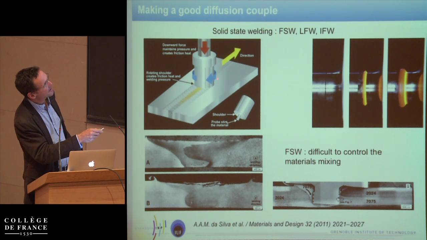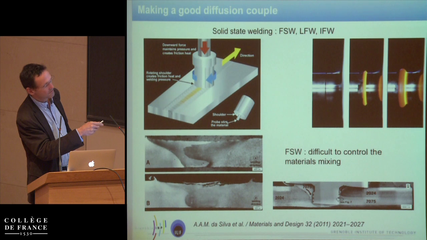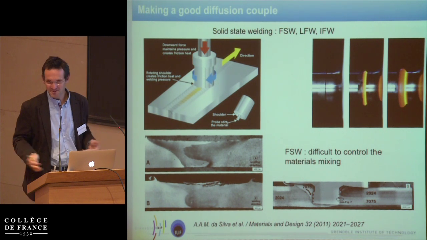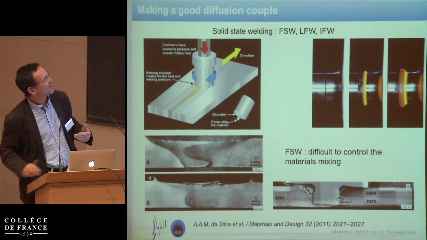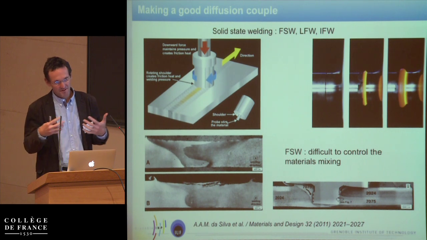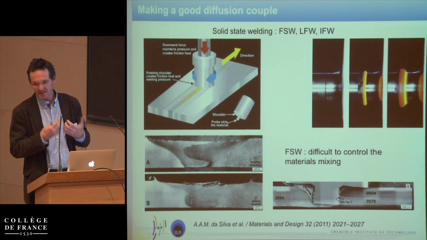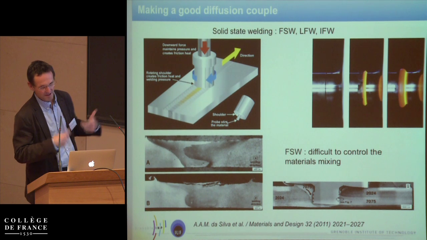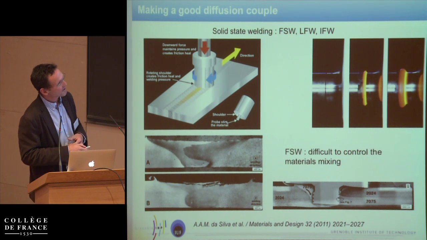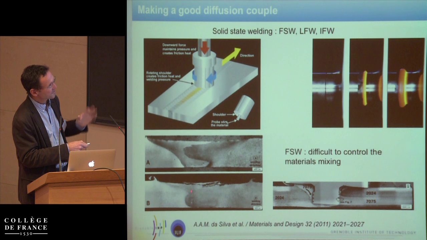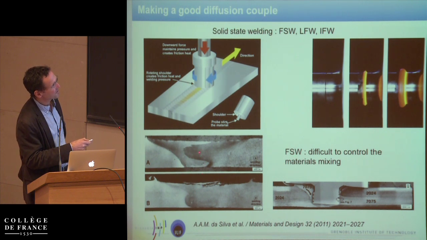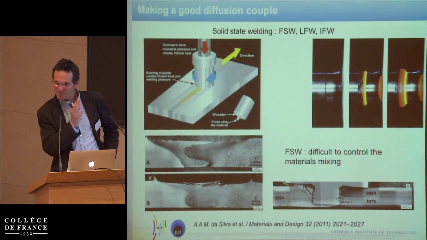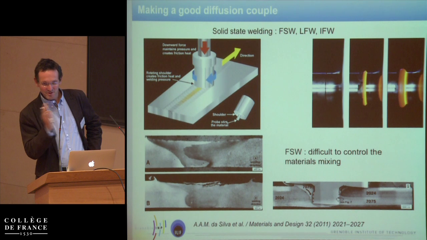So you can do that between two identical compositions, and that's the classical way of welding. But you can do that with dissimilar alloys and then get a diffusion couple, basically, that you can heat treat later on. I haven't personally worked on that, but if you look in the literature, you see that it's not so easy to control precisely the distribution of chemistry in between the two metals.